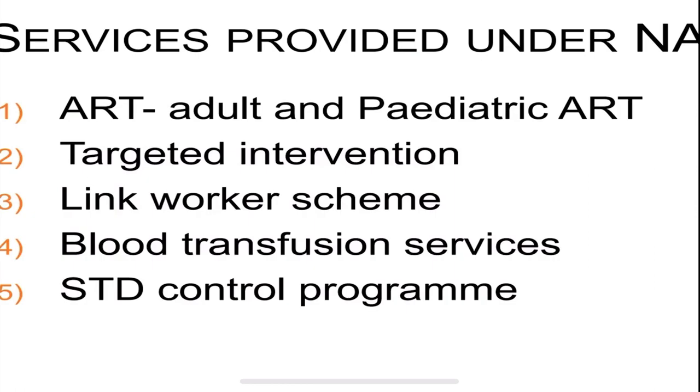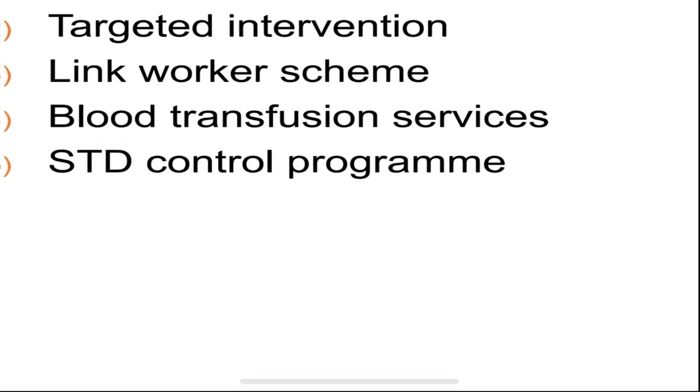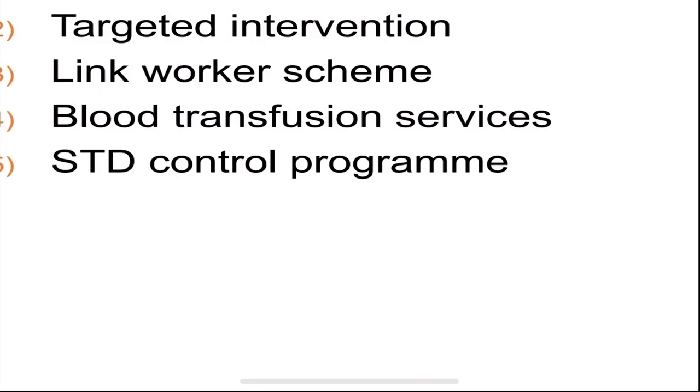Okay, and then the targeted intervention. In the targeted intervention, it is usually done for the high risk group. The main objective of this targeted intervention is to improve the health seeking behavior in the high risk groups, and we have to reduce the risk of these people acquiring sexually transmitted infections or HIV infections, like female sex workers, men who have sex with men, transgenders, hijras, and injecting drug users, the bridge populations like the migrants, long distance truck drivers.